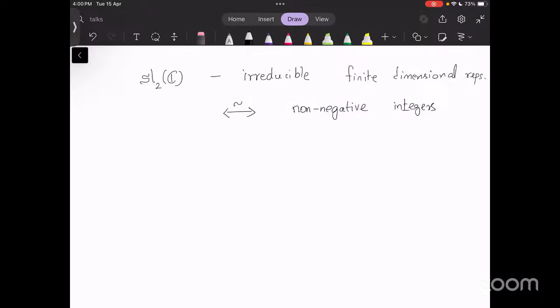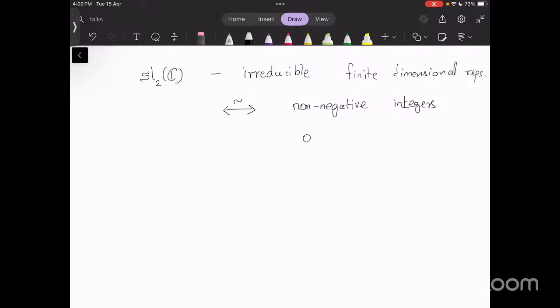Finite dimensional representations for any finite dimensional semi-simple Lie algebra are parameterized by what are called highest weights, and highest weights or dominant weights in the SL2C case are nothing but non-negative integers: 0, 1, 2, 3, and so on.